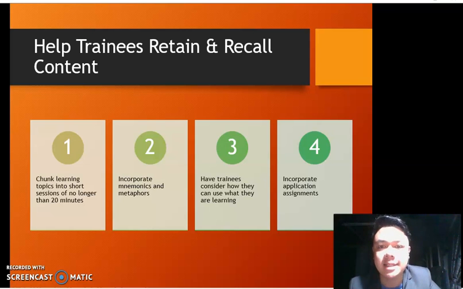Application assignments refer to assignments in which trainees are asked to identify work problems or situations and apply training content to solve them. The use of application assignments in training helps trainees understand the link between the learned capabilities and real world applications, which makes it easier to recall the capability when needed.